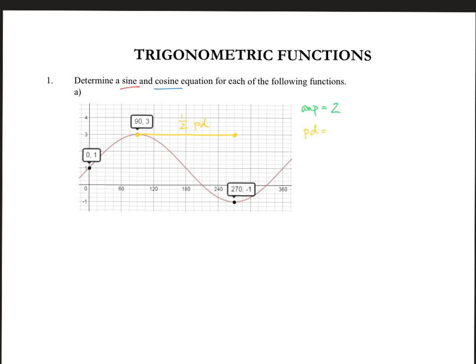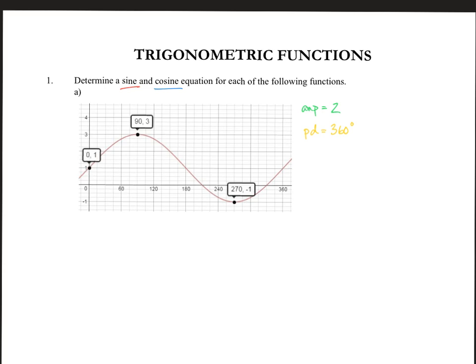If I look on that graph right now, I can see that I'm going from 90 up to 270, and therefore that distance is 180 degrees. And so if 180 degrees is half the period, then my full period must be 360. So using the distance from the max to the min to find your period might be really useful.